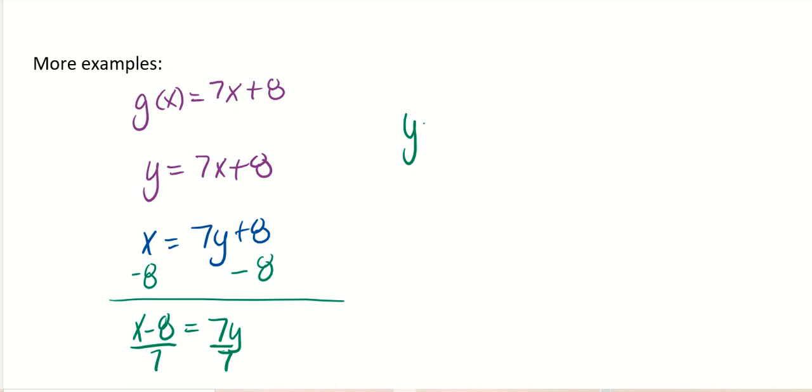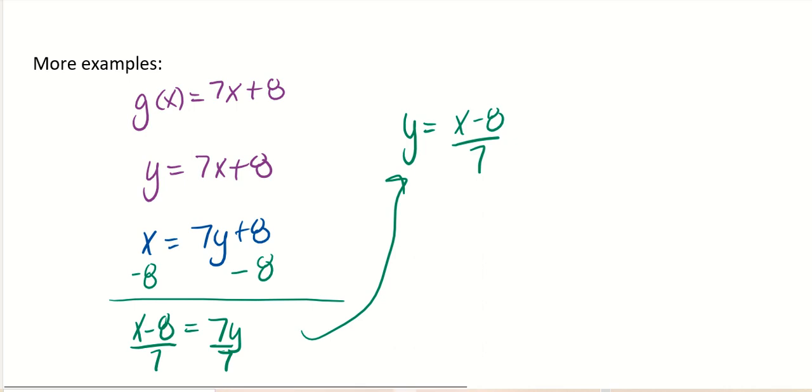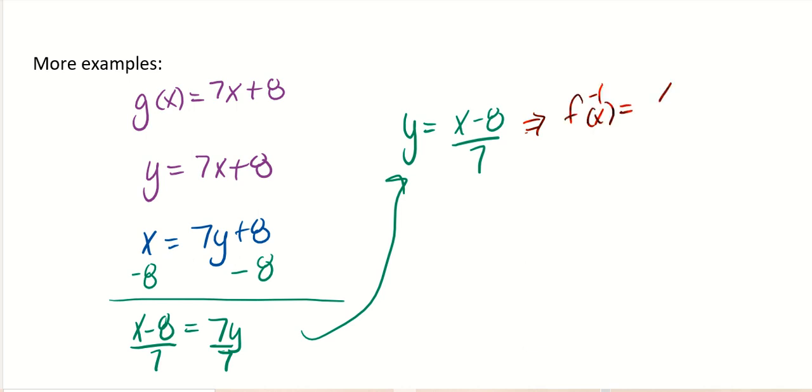So y will equal x minus 8 divided by 7. But we're not done because we want to make sure we write it as an inverse. So we would say f inverse equals x minus 8 divided by 7.